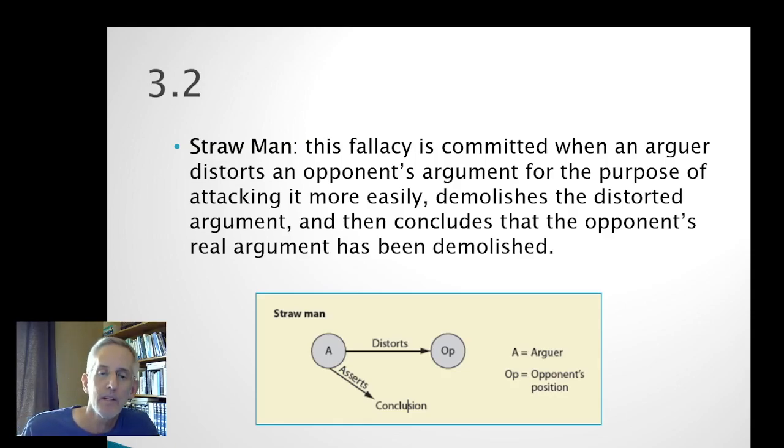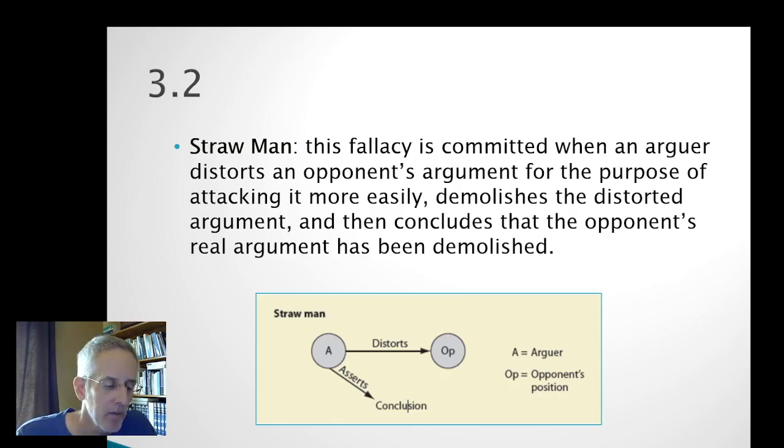And so instead of the critic actually attacking that individual's position, they construct a position that is crazier or weaker than the individual's actual position, like politician X wants no check at the border, or they have an open border policy.